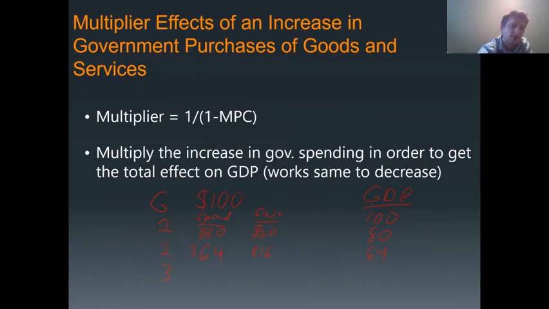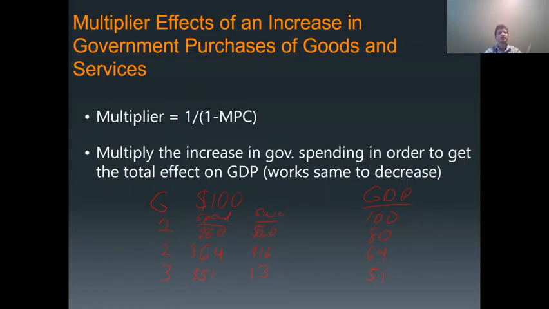That person three now has a choice of spending or saving. They spend 80%, which is, we're going to say, $51. And they're going to save $13. That $51 is added to GDP.